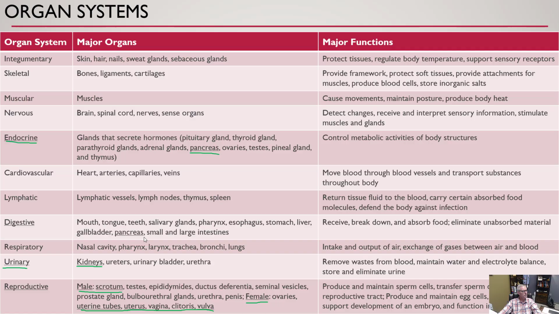However, the pancreas also falls under the digestive system because the pancreas releases a lot of digestive system hormones that will break down some of the food that we eat. So the pancreas is one of the very few organs, or the only organ, that falls in multiple categories. It is an endocrine organ and a digestive organ as well.